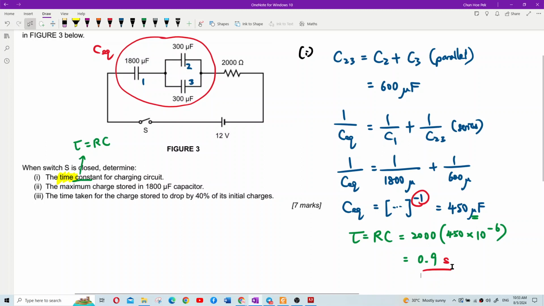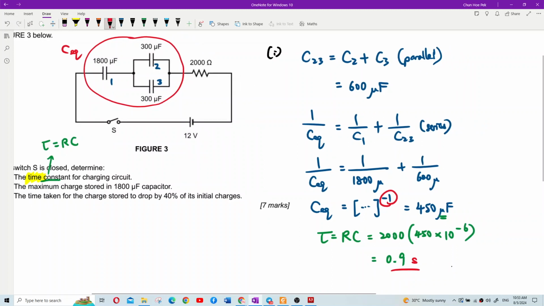You know what the student gave me? He doesn't know what the unit for time constant is. He said resistance is ohm, and capacitance is farad, so the unit is ohm farad. How funny is it? Time constant is time.